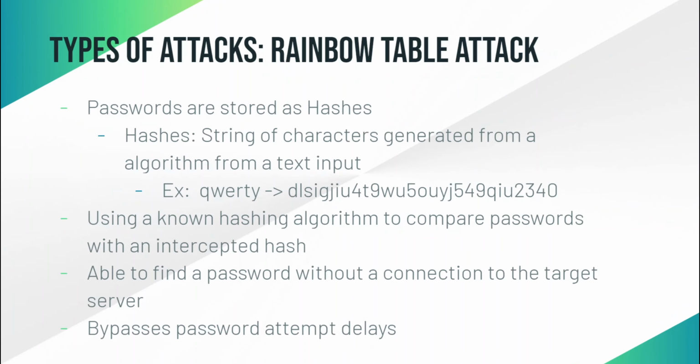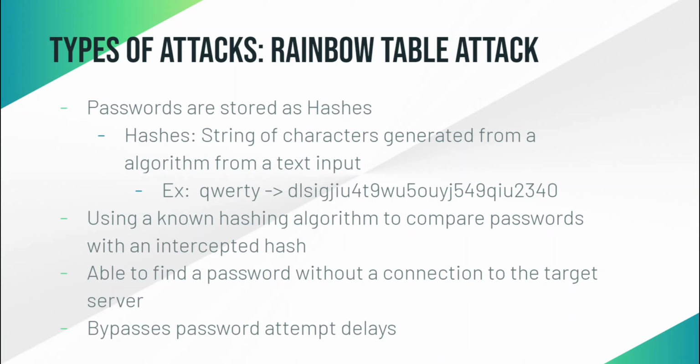Moving on to a little bit more complicated attack, we have the rainbow table attack. As a little background information for this attack, passwords are stored as hashes in databases. A hash is a string of characters generated by an algorithm from a text input. This is known as cryptography.